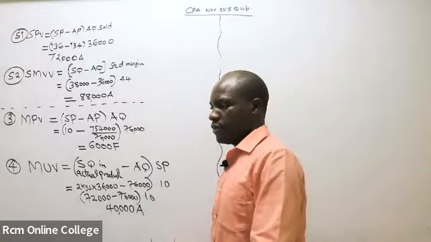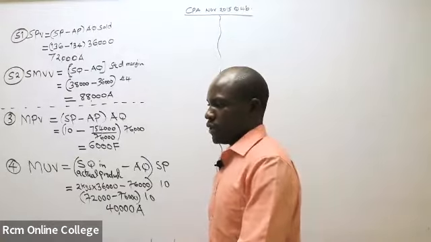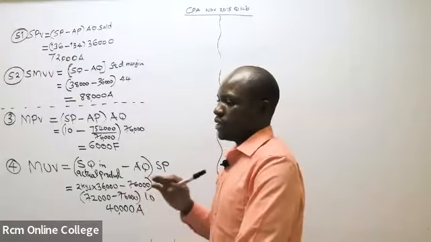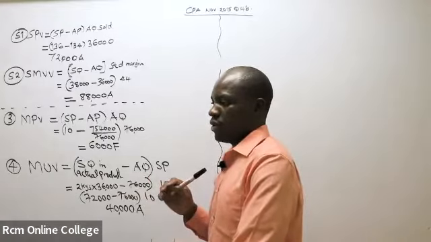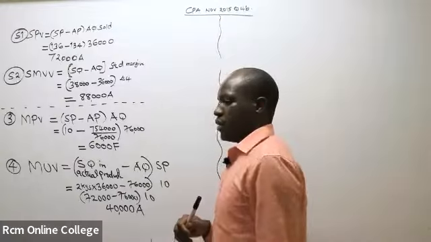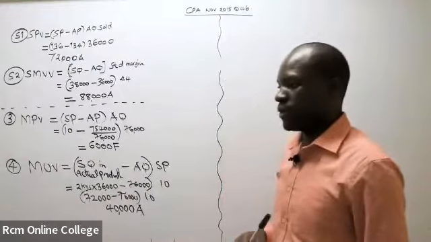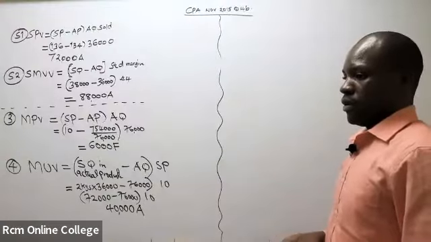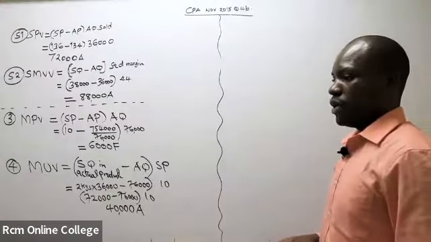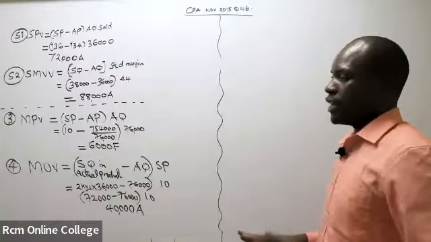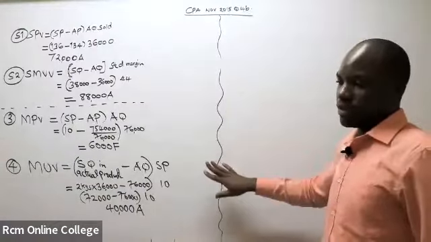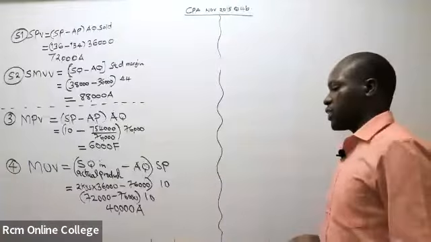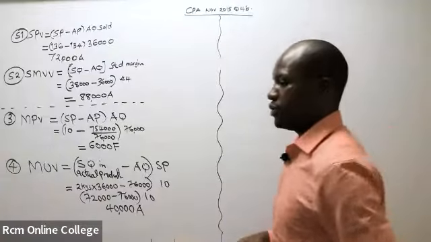Somebody to help us there. 76,000. Is your question answered? Thank you. Grace, what's your question? So we only need to understand the formula. Yes, I told you this topic, if you have the formulas, you don't even need to struggle.